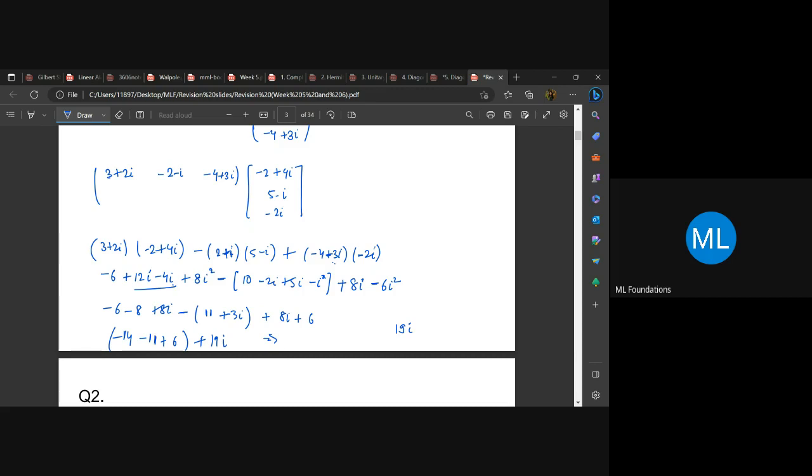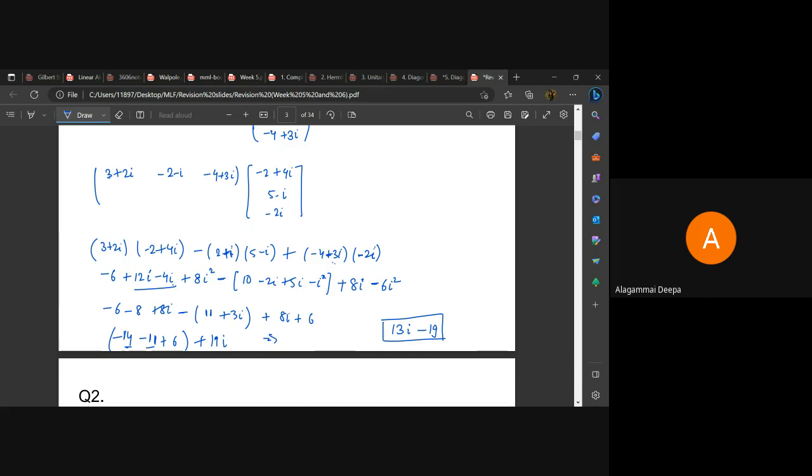Sorry, it is minus, no. 16 minus 3, 16 minus 3 is 13i. And this will become minus 24 minus 25 minus 1, 25 plus 6, which is minus 19. So you get the answer to be minus 19 plus 13i.